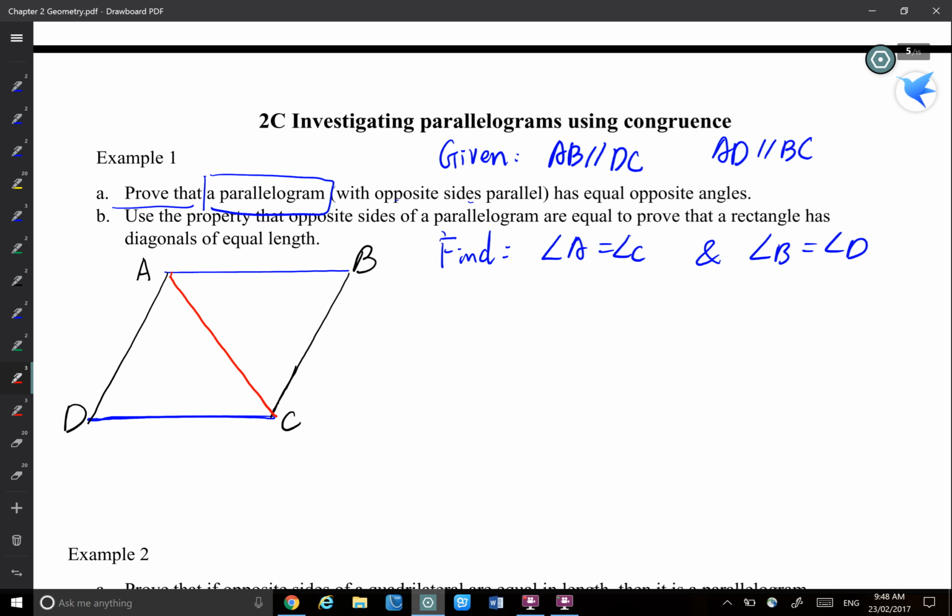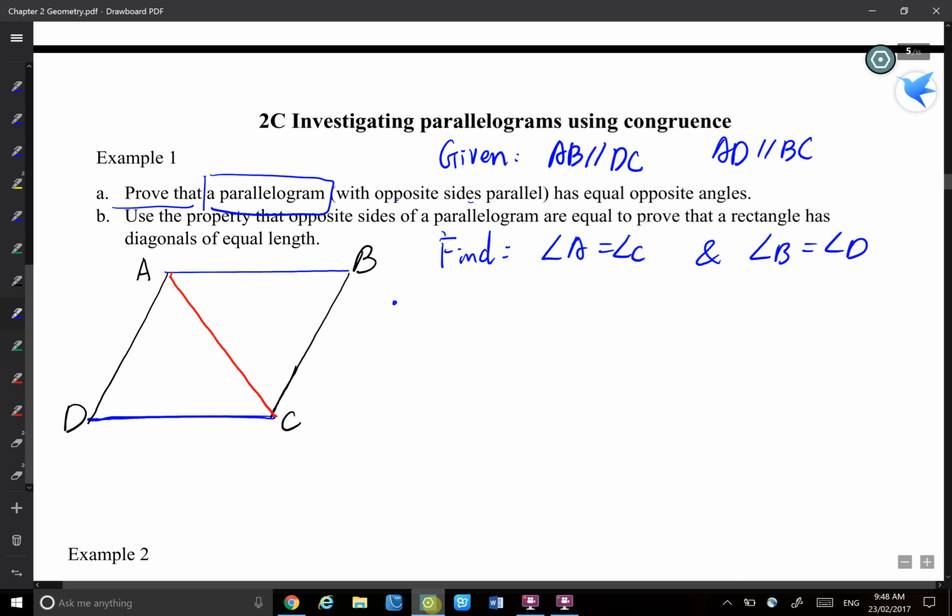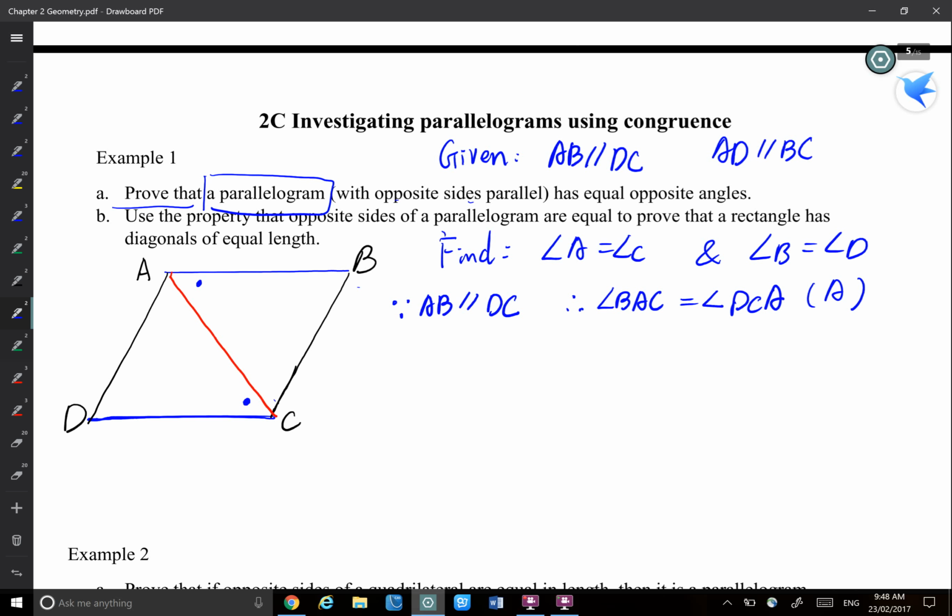So I will start with, because AB is parallel to DC, angle BAC equals angle DCA. BAC is here, DCA is here, because of alternate angles. Because they're parallel, the alternate angles will be equal, so those two angles must be equal.